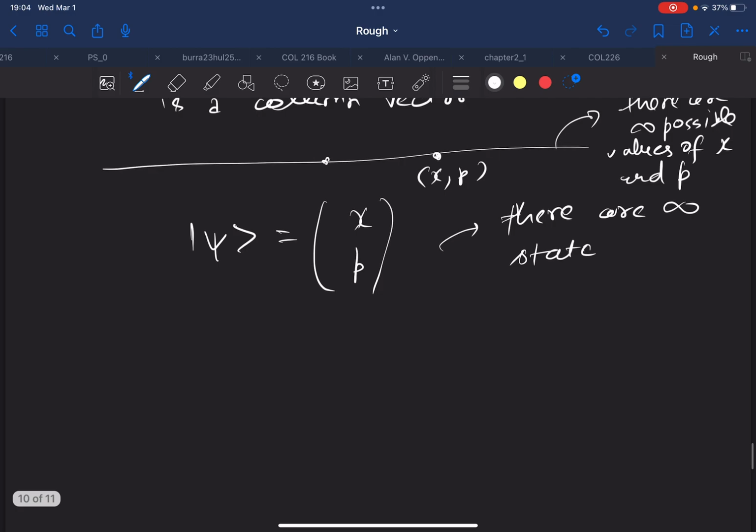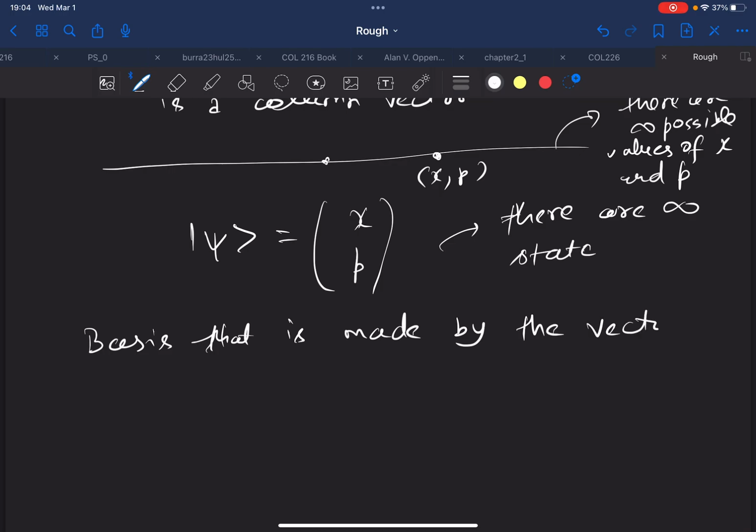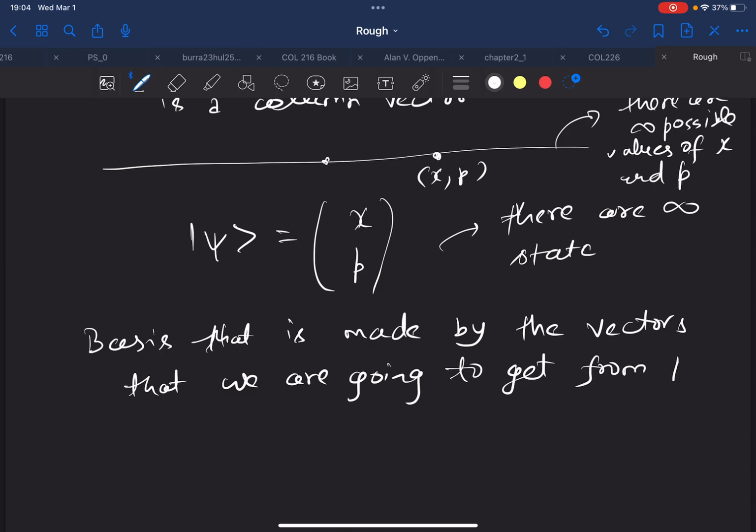If there are infinite values of x and p, then the basis made by the vectors that we are going to get from various values of psi will have infinite dimension.